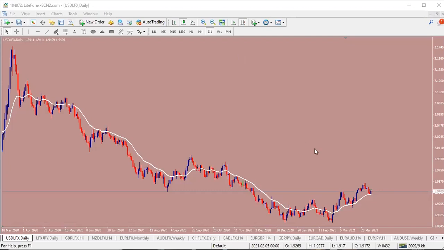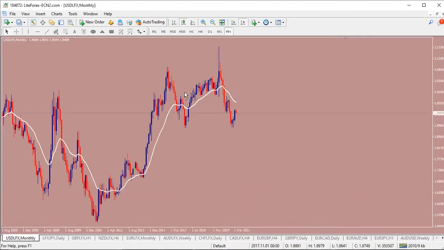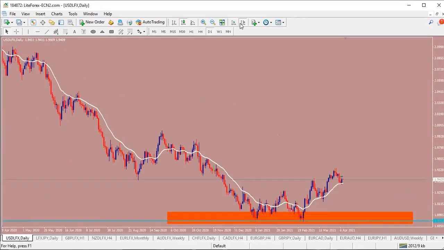So in this scenario, I want to analyze USD index. Now, USD index closed on the monthly time frame like this. It closed from this bottom, right? Now, I will go to the daily time frame and see if we have a break of daily time frame market structure, of which we have here.